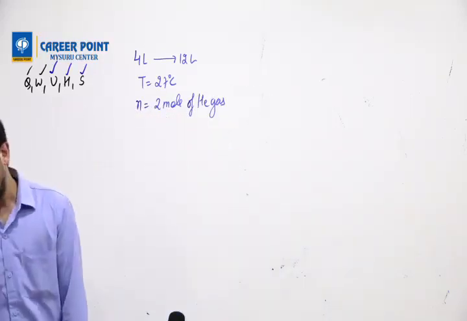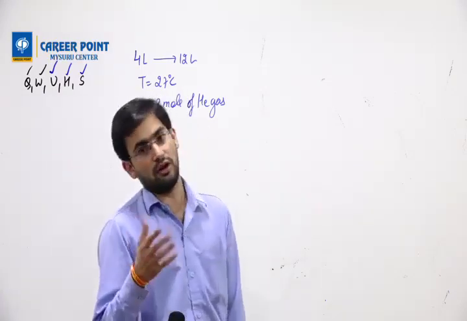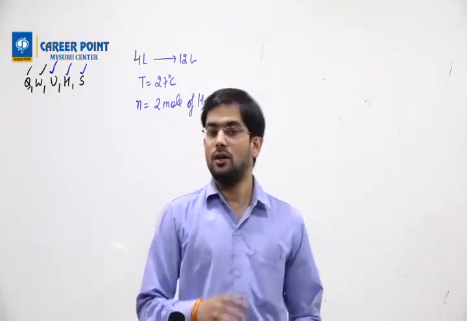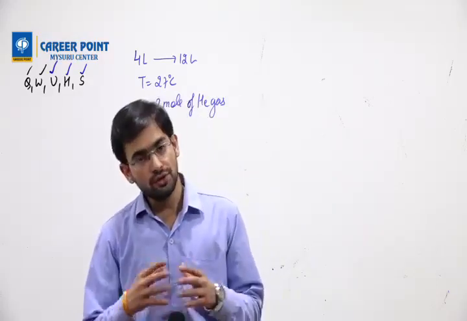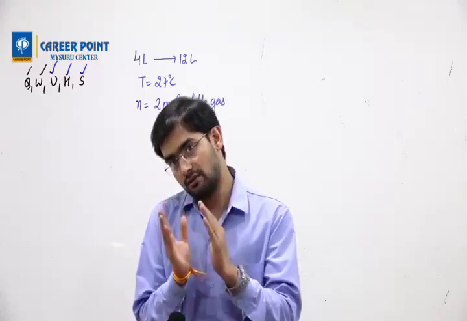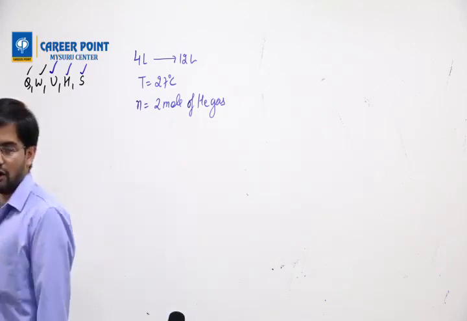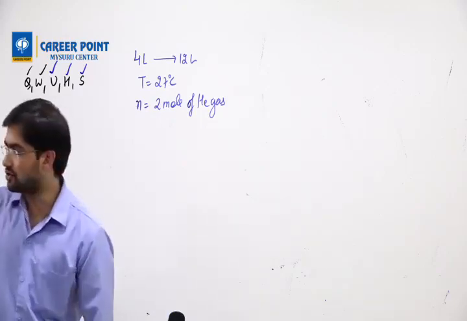Now, once you solve, you don't need to write a single value of Q, W. Don't write one by one. You solve the whole problem. Once you solve the whole problem, write all 5 values in your answer, and then hit enter in your comment box. Okay? Try to solve this question now.